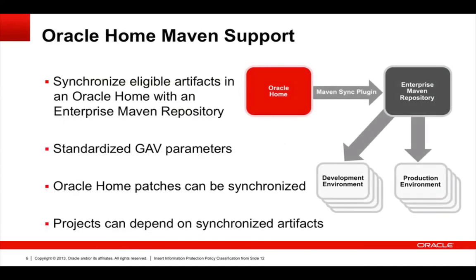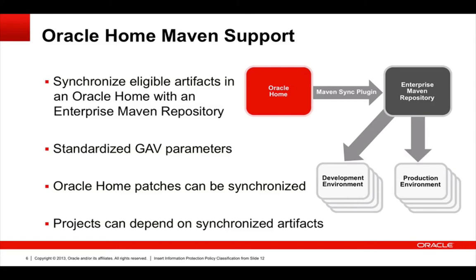So let's take a look at what a solution looks like. Unfortunately, we can't alleviate the problem of downloading a distribution. That is still required, and once you download the installer and install it on a local file system, the net result will be an Oracle home, and the Oracle home will contain a number of artifacts. Now, these artifacts are eligible artifacts to be uploaded to an Enterprise Maven repository via a facility called the Maven Sync plugin.